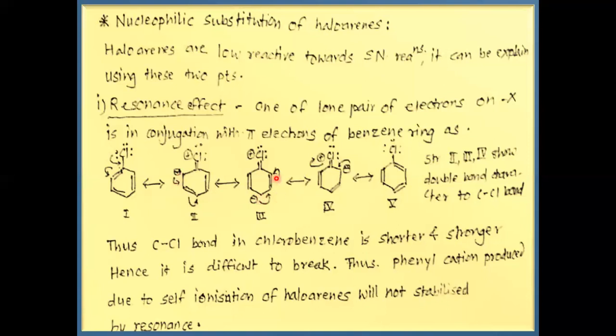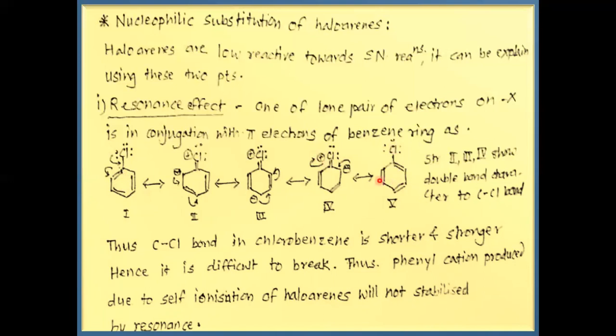Again, in this movement, the negative charge goes here. Again, for stabilization, the lone pair goes here, and this pair of pi electrons moves here. So it becomes Cl benzene. So these are the 5 resonating structures of chlorobenzene.